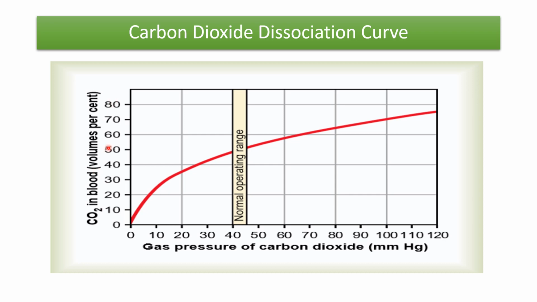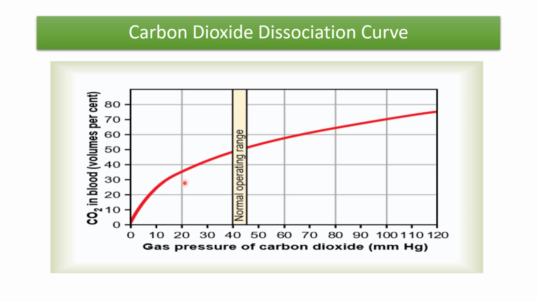What is volume percent? It is the amount of carbon dioxide in milliliter per 100 ml of blood, or milliliter per deciliter of blood. This graph shows the linear relationship between carbon dioxide partial pressure and its volume content. Look here, this is the linear relationship.